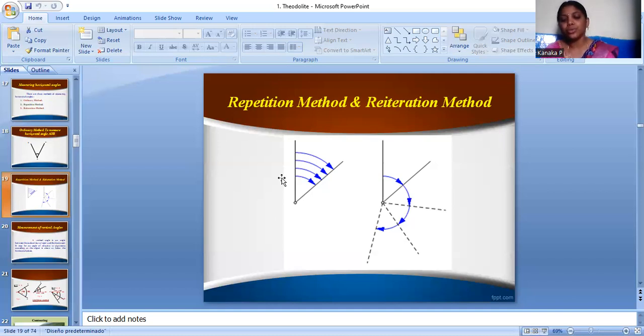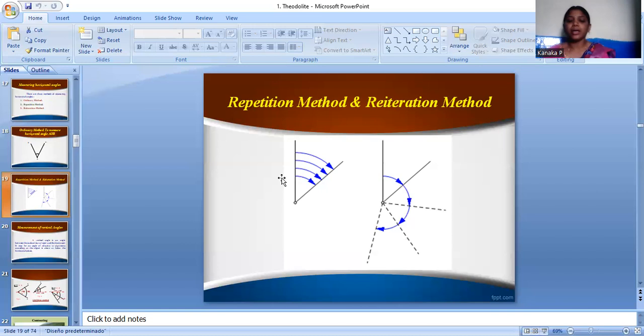Under errors due to twisting of the instrument, both the verniers are read at every bisection. The other procedure is the same as done for the face left observation. The mean of the two results is taken as the exact value. This is the procedure of the reiteration method.